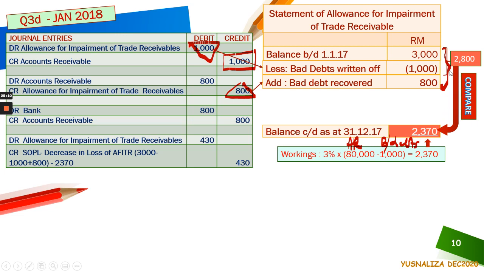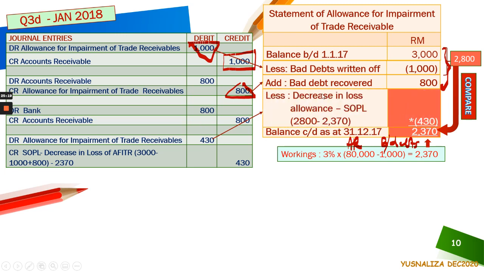And there was a reduction, right? A reduction of how much? 430. And that reduction of 430 is the one that you will consider as a decrease, which you need to take to your statement of profit or loss under your other income.